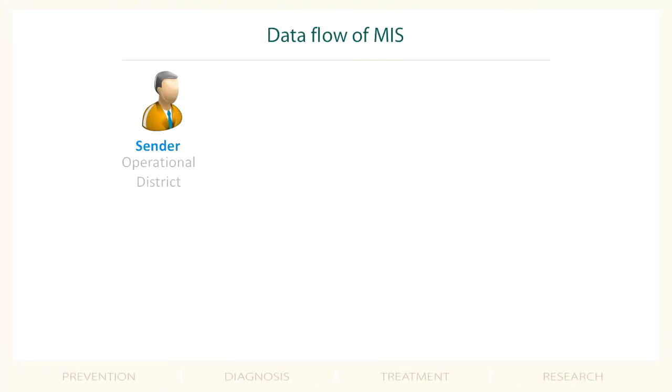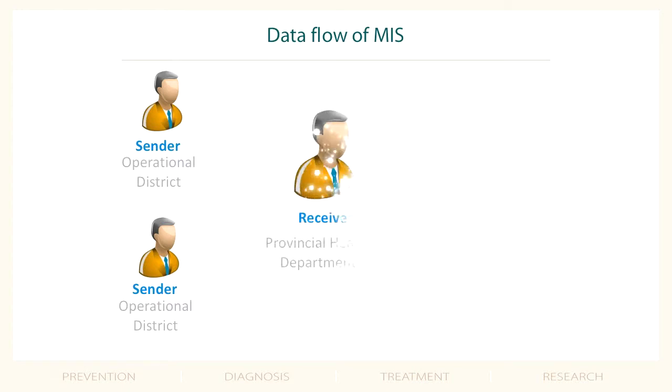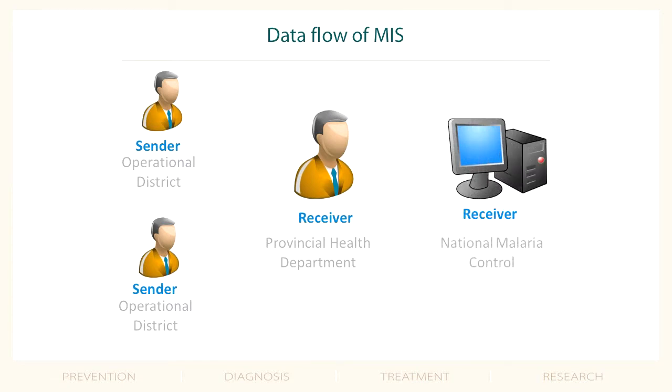The sender is the operational district staff. After they enter the data, they have to send it to us on a monthly basis, to the provincial health department and the national malaria control program. So the data is updated every month.